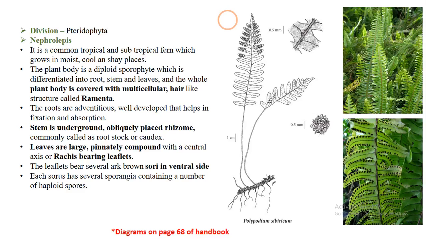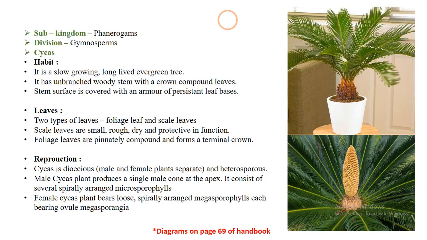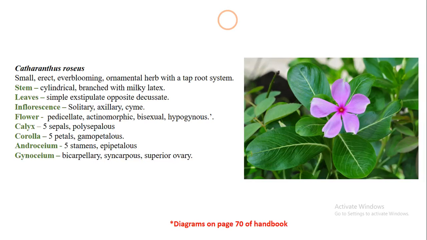And in pteridophyta, we studied Nephrolepis. Next, in phanerogams, we studied the two divisions, the gymnosperm and the angiosperm. In gymnosperm, we took the example of Cycas, and in angiosperm, we took the example of Catharanthus roseus. So students, these were the specimens that we covered in the previous session, correct?